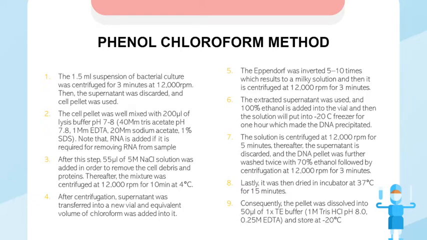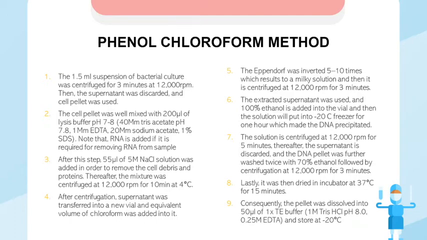Next, the extracted supernatant was used and 100% ethanol is added into the vial. And then the solution was put into a freezer for 1 hour, which makes the DNA precipitate. Then the solution is centrifuged again at 12,000 rpm for 5 minutes, and thereafter the supernatant is discarded, and the DNA pellet was further washed twice with 70% ethanol, followed by centrifugation at 12,000 rpm for 3 minutes.